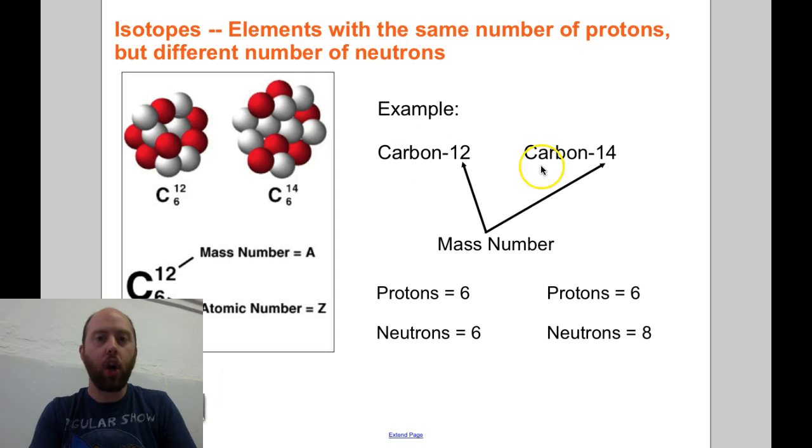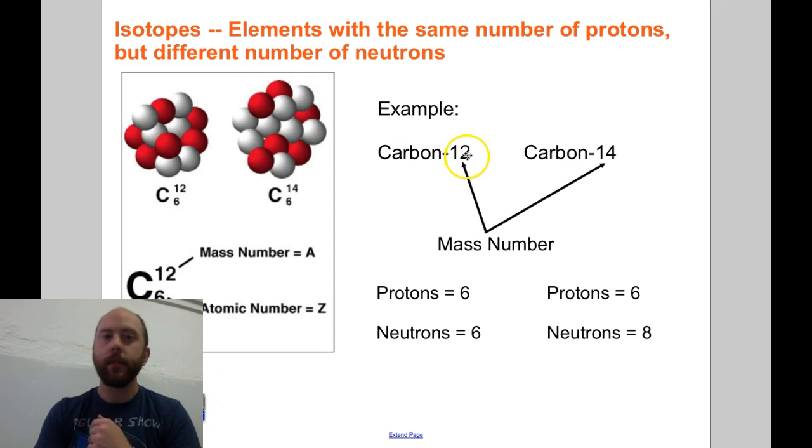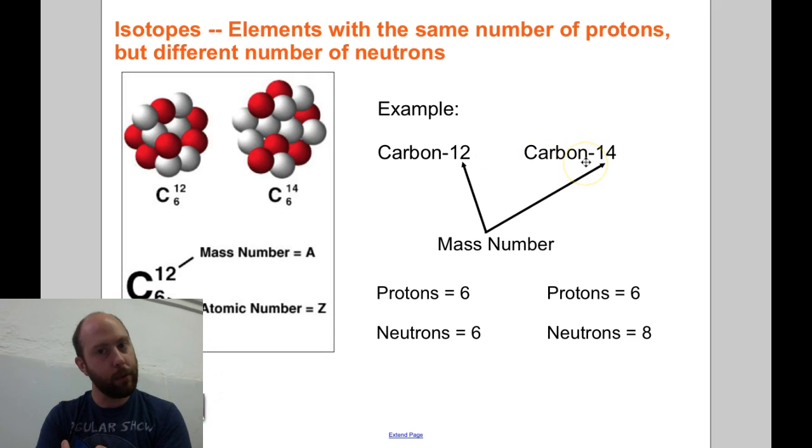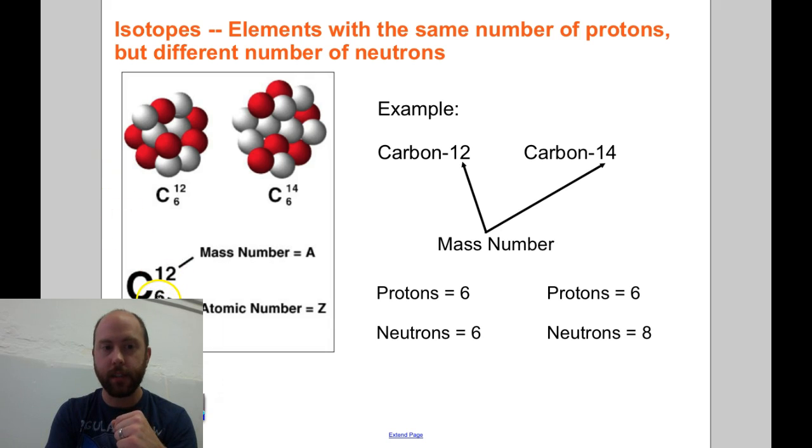Both of them are carbon, but one has a mass number of 12, one has a mass number of 14. Now, they both have 6 protons because they're both carbon. And they both have the atomic number 6, which you can see here, atomic number 6. The bottom number is always the atomic number. Here's another way I wrote it, there.